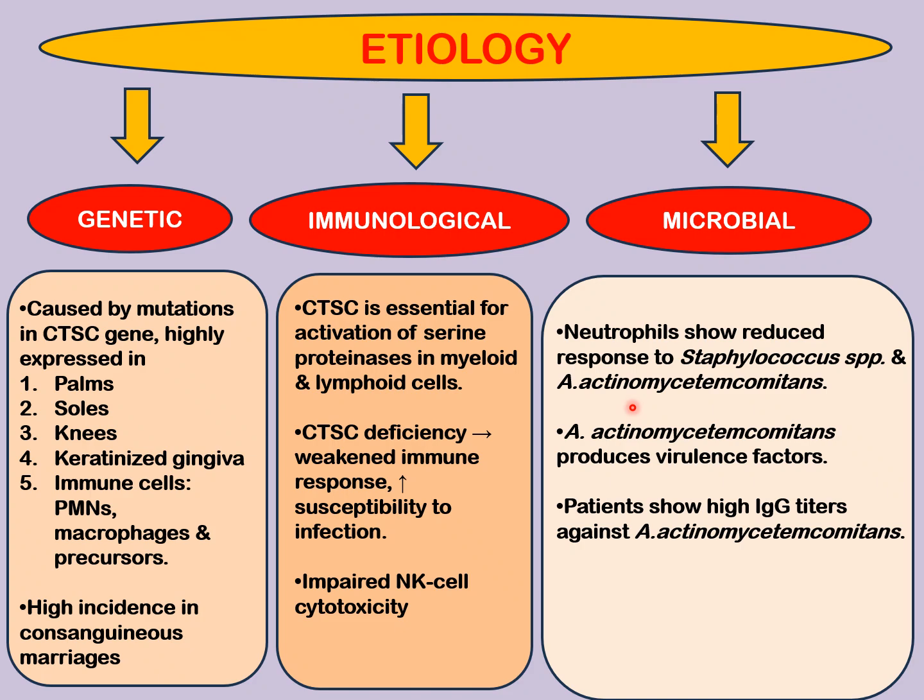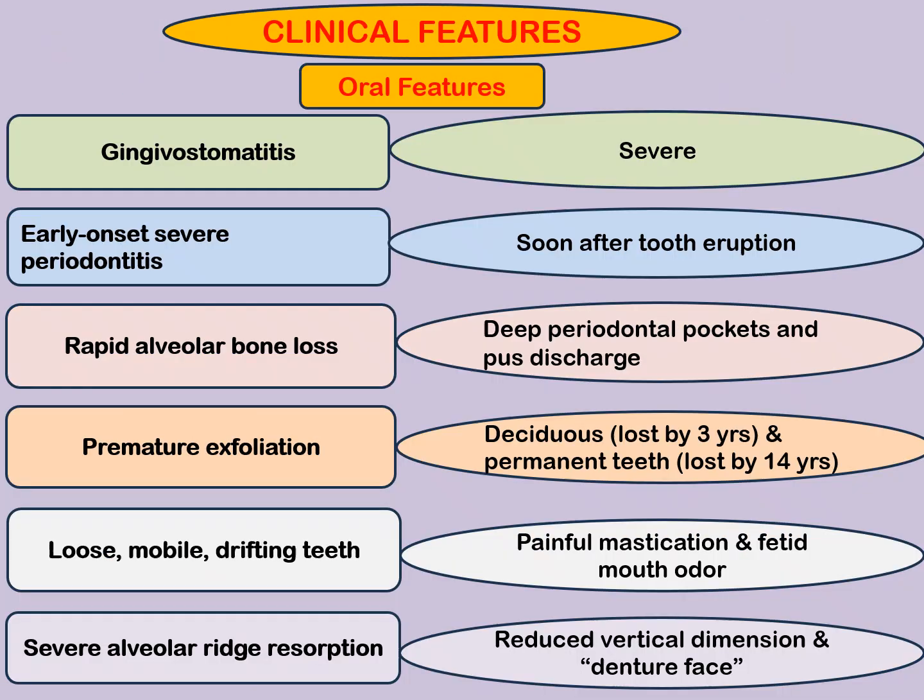Talking about the microbial component, because neutrophils are defective, they show reduced response to bacteria like Staphylococcus species and Aggregatibacter actinomycetemcomitans. AA produces several virulence factors that cause rapid periodontal destruction. Patients with PLS show high IgG titers against AA, which indicates constant bacterial challenge.